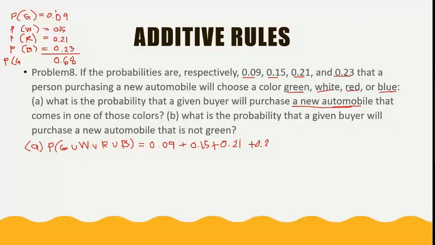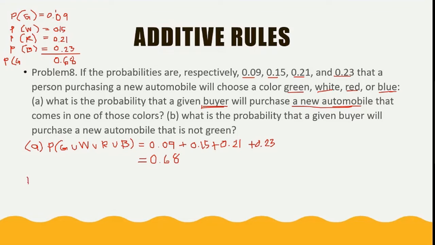Since we had already summed it up earlier, the result is 0.68. Therefore, the probability that a buyer will get any of these colors, green, white, red, and blue, is 0.68.